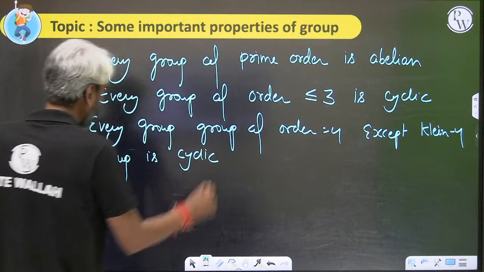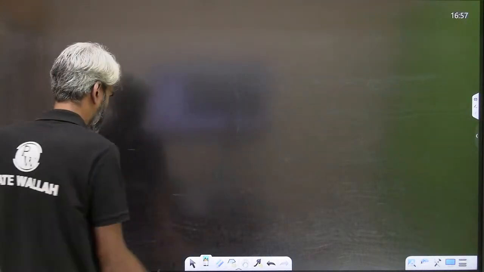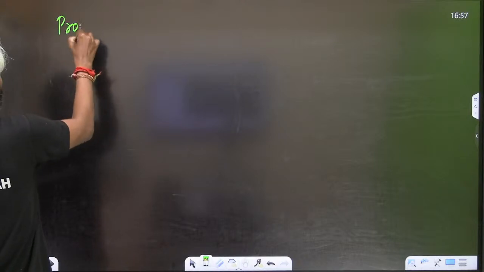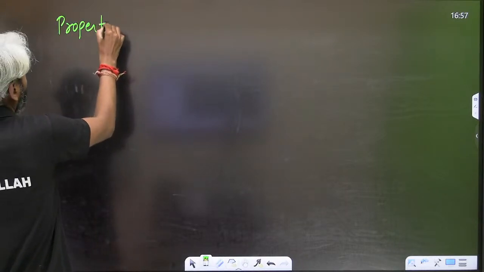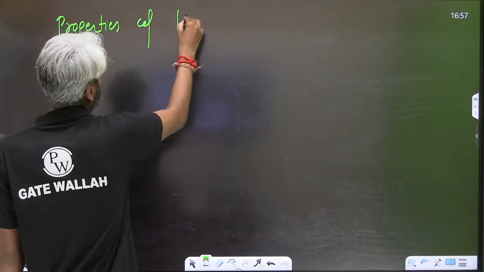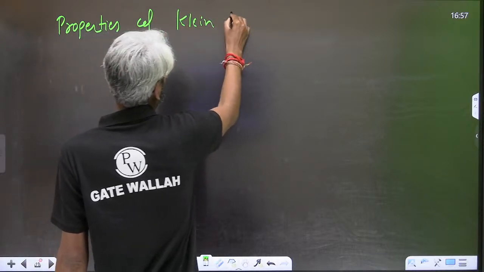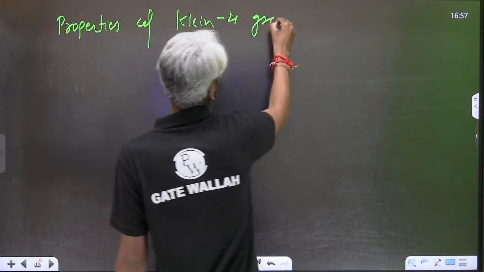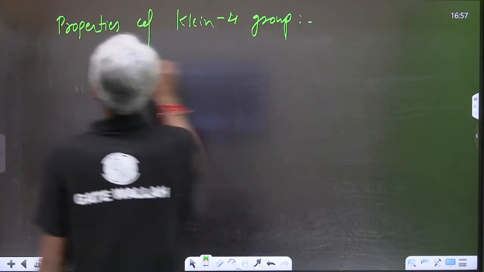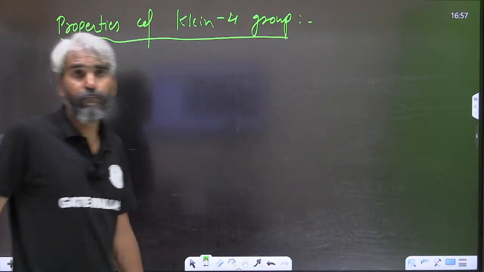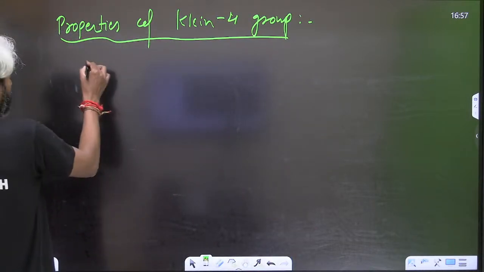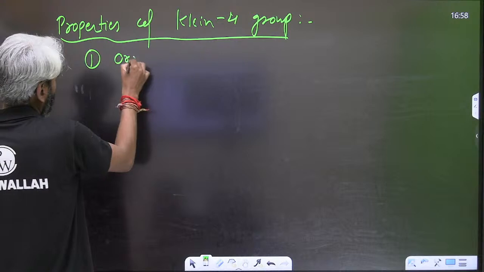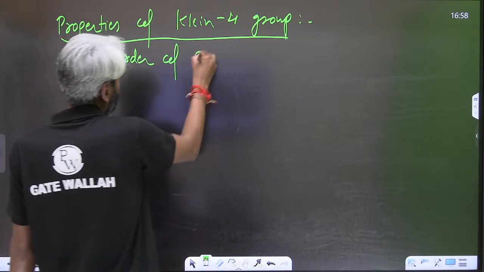Sir, what do we mean by Klein 4 group? What are the properties of the Klein 4 group? The first property is that the order of the group equals 4.